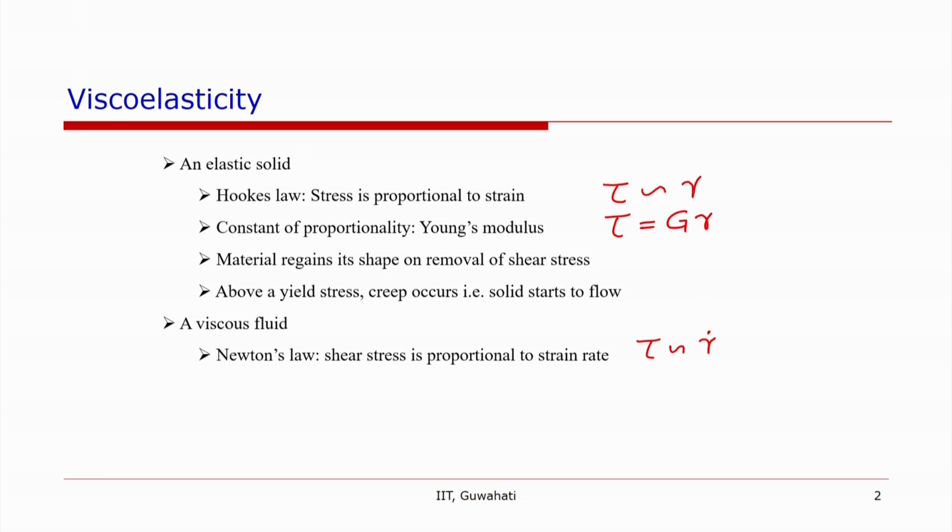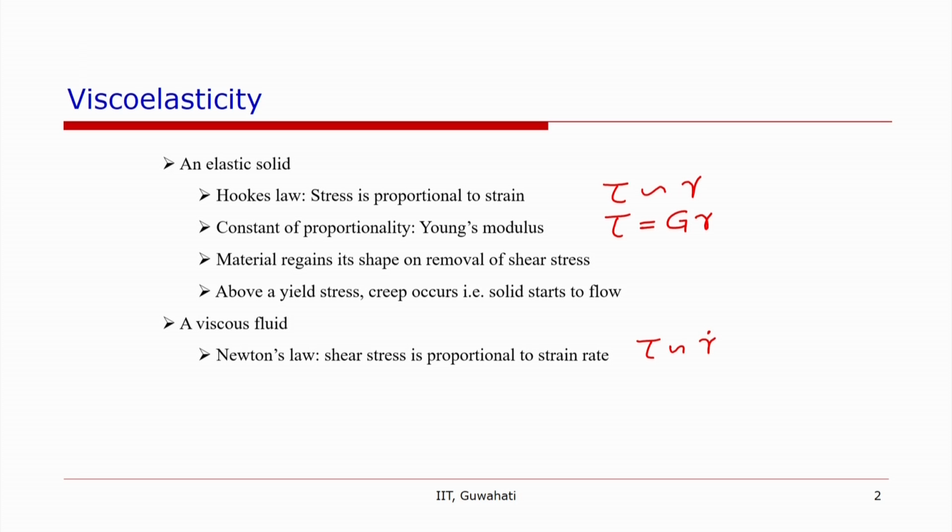So, the material deforms continuously, and what we are concerned with here is not the deformation, but the rate of deformation of the material. That is the difference between solids and fluids. In solids we are concerned about the deformation, whereas in fluids we are concerned about the rate of deformation of the fluid.